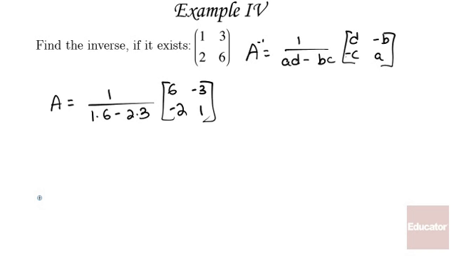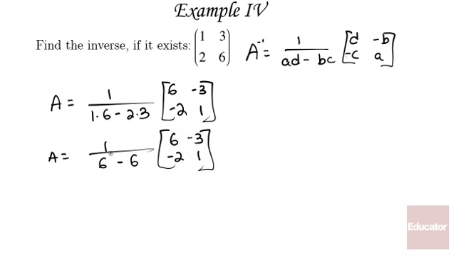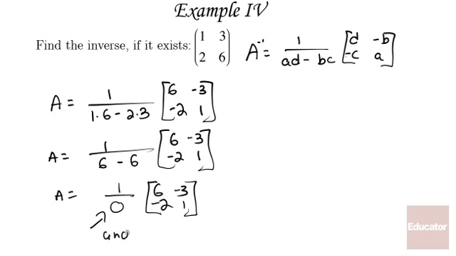Now, you probably already saw I didn't even need to go that far because there's a problem. What I have here is 1 times 6, which is 6, minus 6, times this matrix. Well, this turns out, obviously, to be 0. And since you can't have that, that is not allowed, it's undefined, we can stop right here.